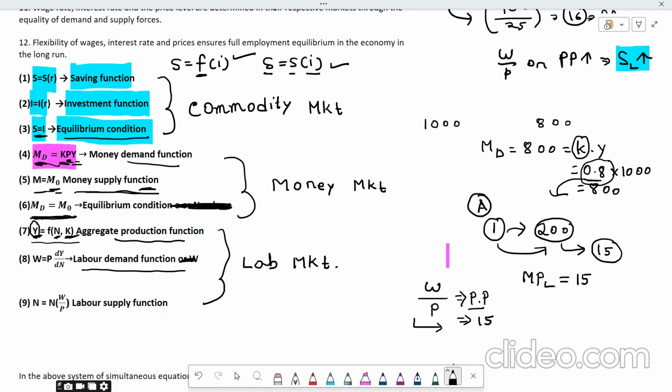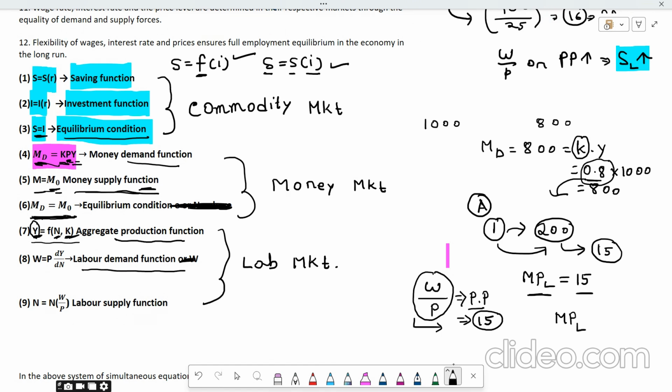Purchasing power or real wage means how much of a product the laborer will be able to purchase from the market. So from the income he is getting from this firm, the real wage should be 15. Why? As per the classicals, the real wage or purchasing power that a laborer receives should be equal to his marginal product.